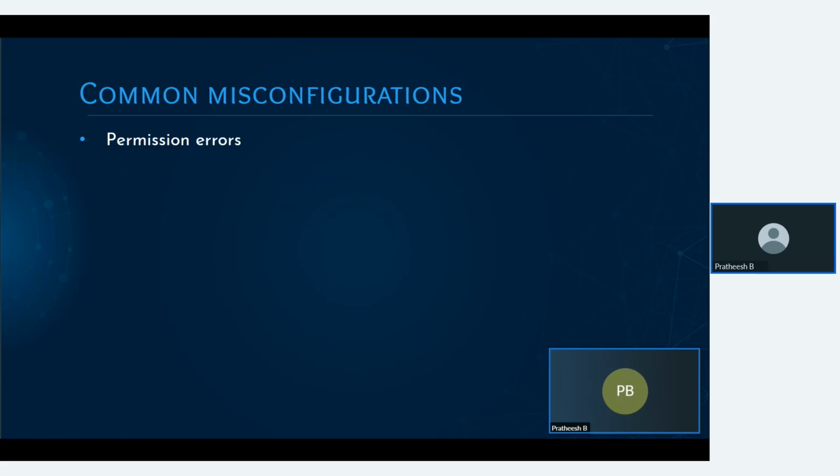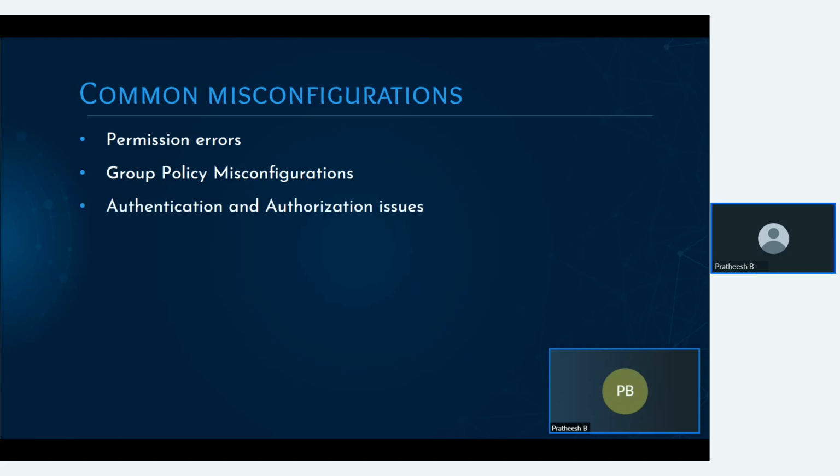There are also other misconfigurations, like incorrectly configured group policy objects, which can result in inconsistent security settings, software deployment failures, or even uninformed restrictions. Misconfiguration of authentication protocols such as Kerberos or NTLM can expose vulnerabilities to credential-based attacks or unauthorized access.